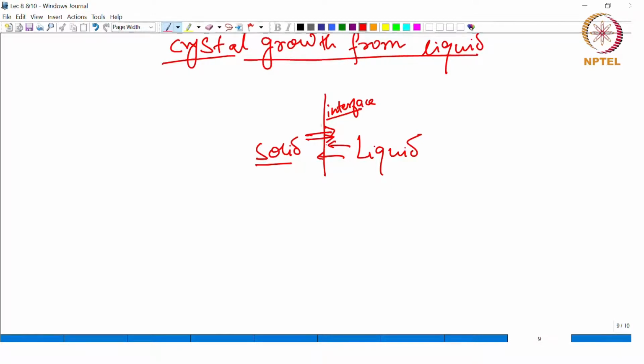So, you can see here that across the interface there is two way movement of atoms, either from liquid to the solid or from solid to the liquid, right. So, from an energy perspective, for the solid to grow there is an energy barrier, or there is an activation energy which is needed for the solid to grow from the liquid phase. Okay.